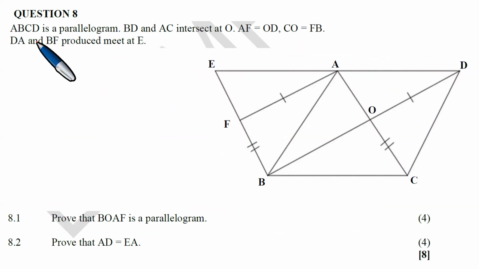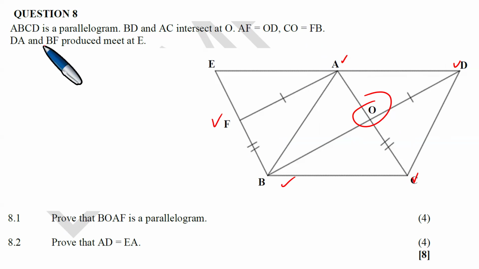Right, in the next question, we have question 8. ABCD is a parallelogram, and BC and AC intersect at O. AF equals OD, and CO equals FB.